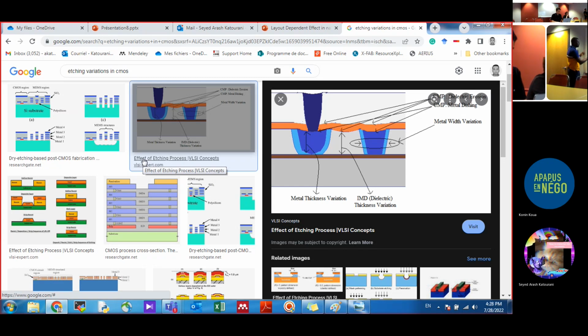It's not a question of more or less, but this one will be different. For example, maybe it will be more etched, so maybe this one will end like this, just because of the stress, and the width will be different.